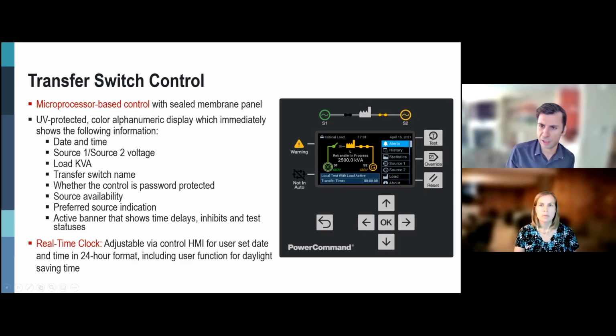Voltage, which source is available, which source we're connected to. And all these obviously will change, and alerts will pop up depending on what's happening in the system. We also typically expect a real-time clock inside the transfer switch.